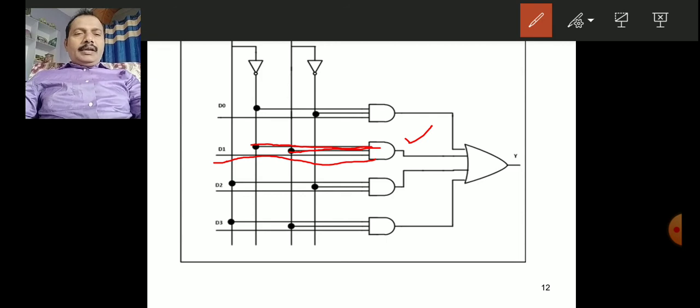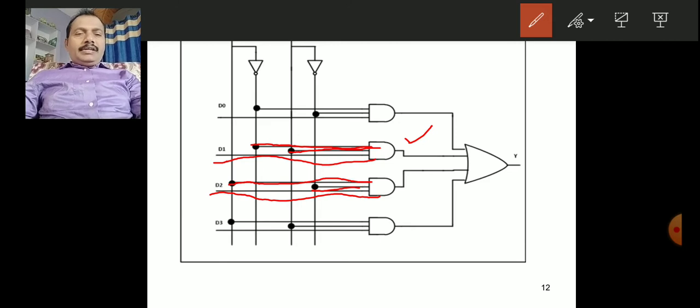And similarly, for the D2, you connect the D2 to the third AND gate, with S1 and S0 bar.